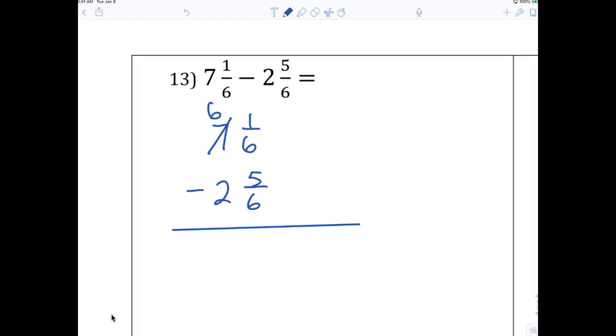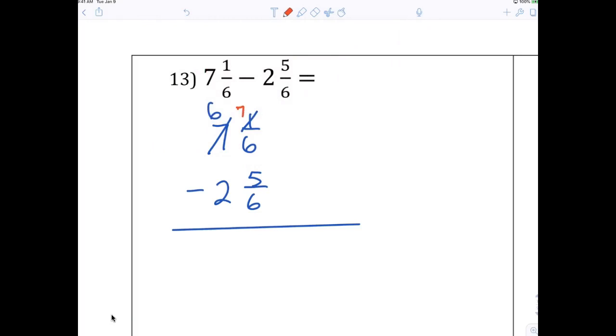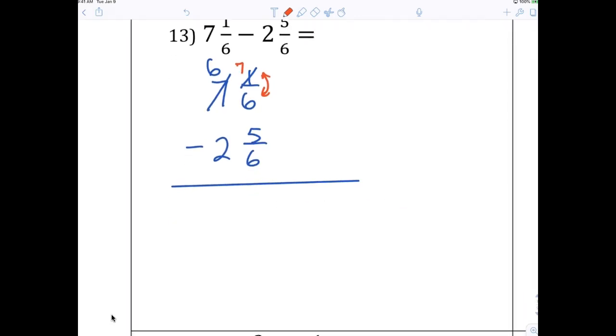Now I cross out the 1 and make it a 7, because the shortcut is to add the numerator and denominator, but we're really just adding 1. Now can I do the subtraction easily? Yes. 6 minus 2 is 4, and 2 over 6, which reduces to 4 and 1/3. Good job.